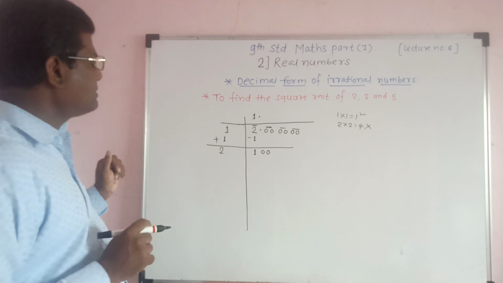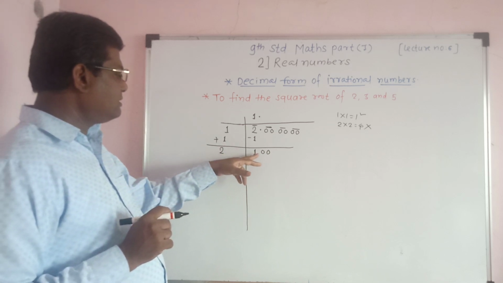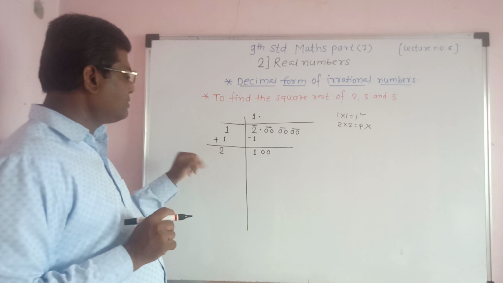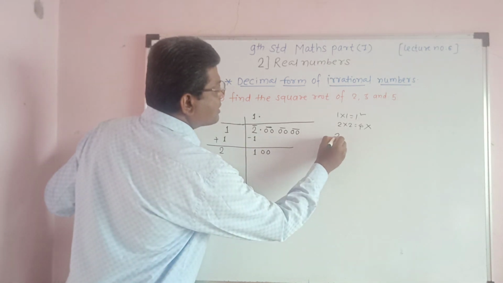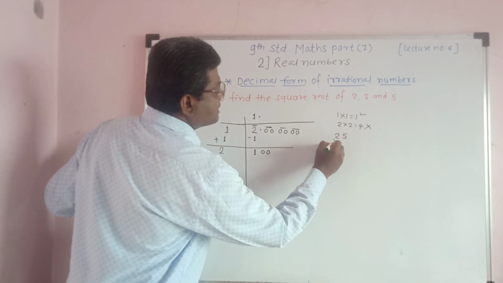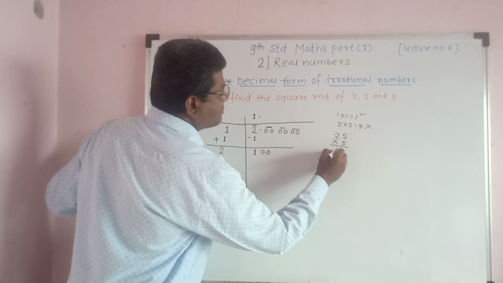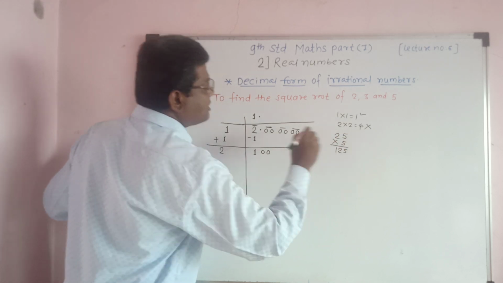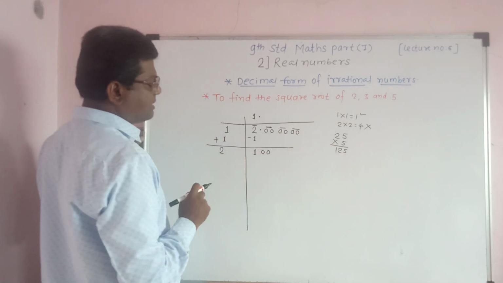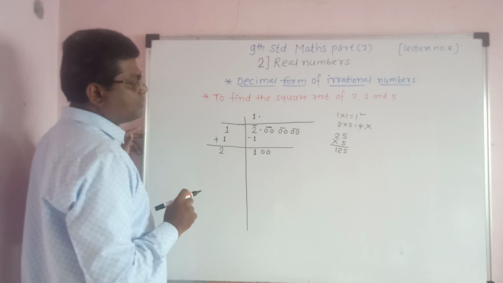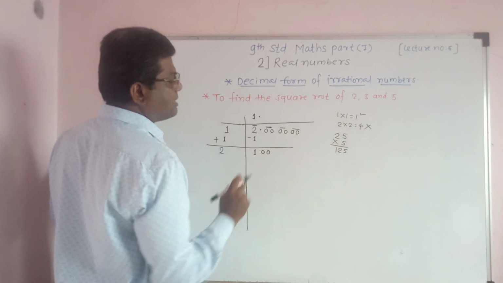For this purpose, if we divide this 10 by 2, we get 5. So if we put 5 on 2 and multiply by 5, we get the number 125. This 125 is greater than 100, therefore we don't take 5 here.